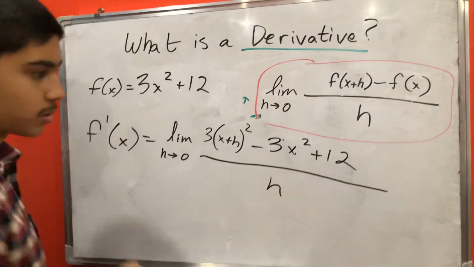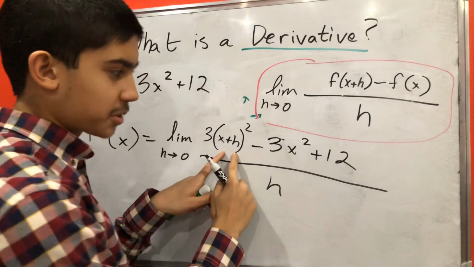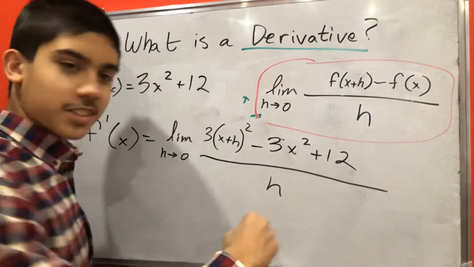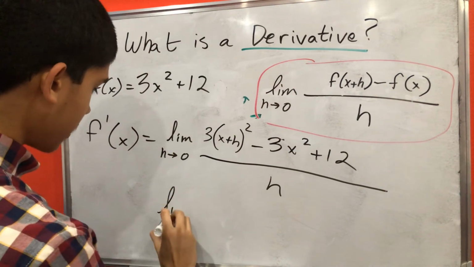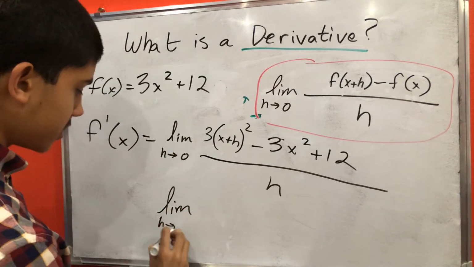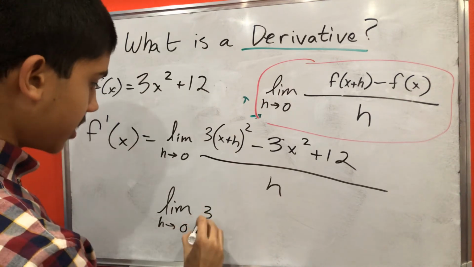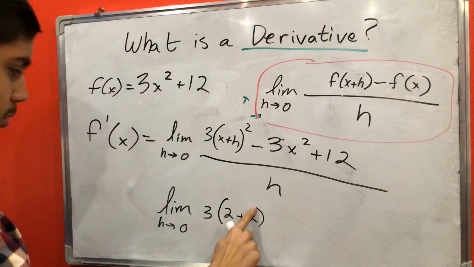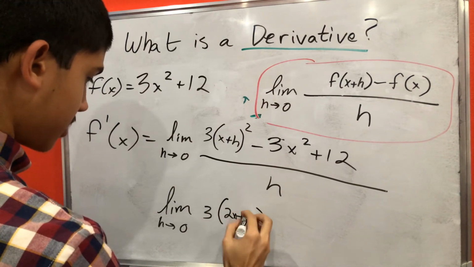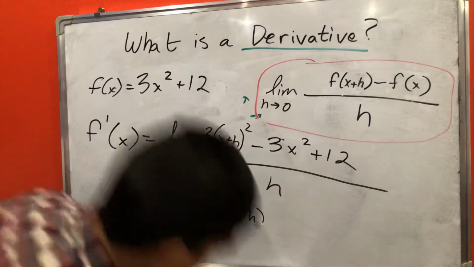After we do a lot of algebra, we would expand this, simplify, and cancel out things in the denominator. It turns out that we will get something like this: the limit as h approaches 0 of 3 times (2x plus h). Yep, 2x plus h.